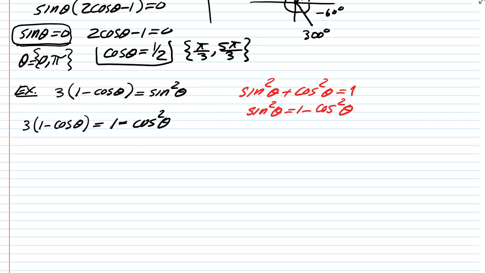Now, a couple of ways we can do this one. Method number 1. Because I have cosine squared here, move cosine squared to the other side, so it's positive now. Distribute 3 to the binomial, so I get negative 3 cosine theta plus 3.